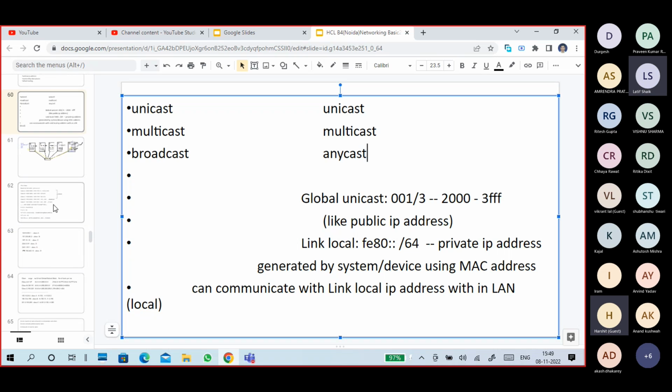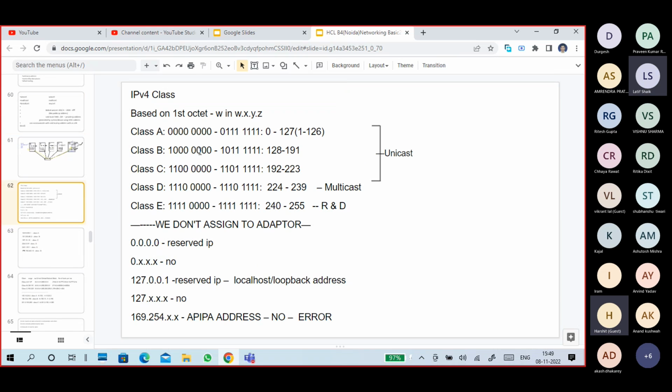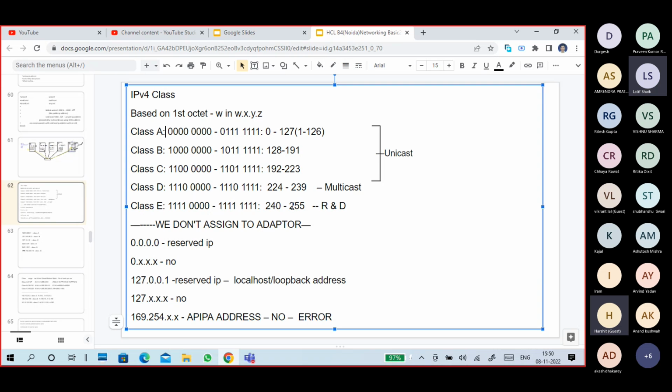In IPv4, the total IP addresses from 0.0.0.0 to 255.255.255.255 are divided into five classes. The class is based on the first octet range only.